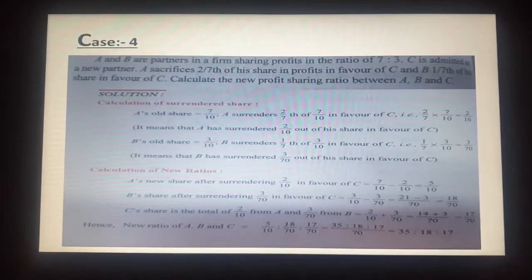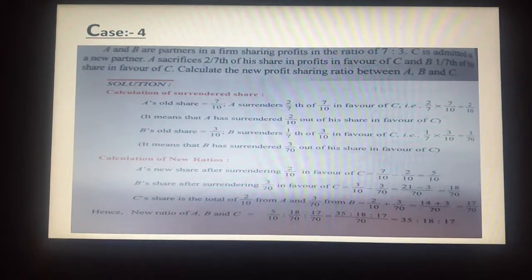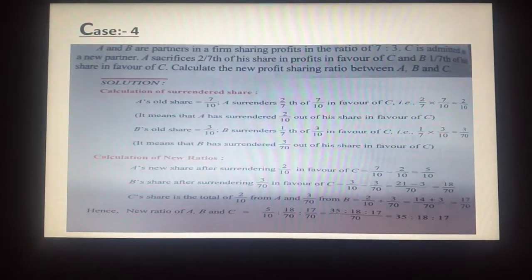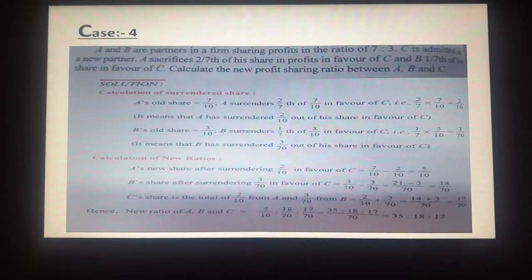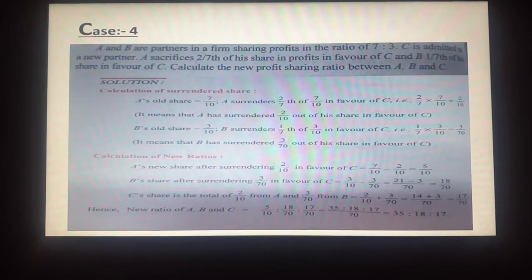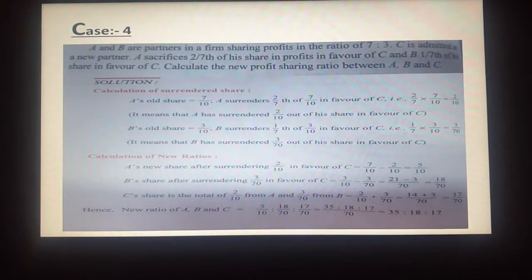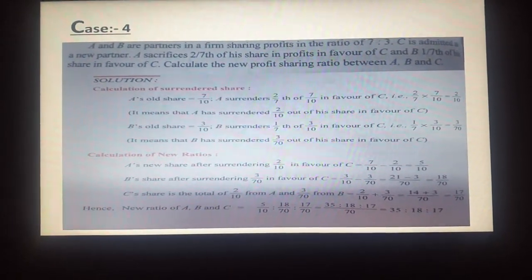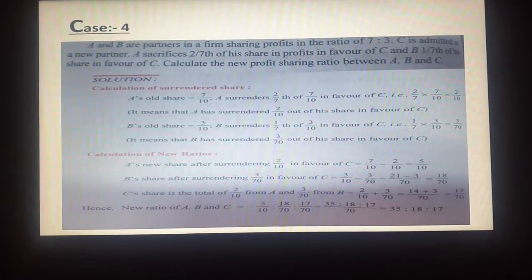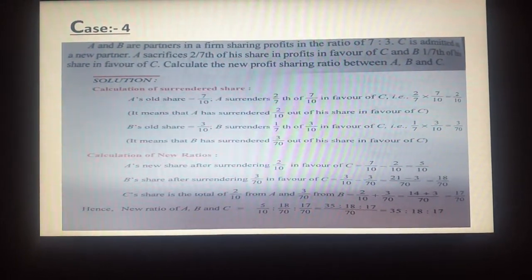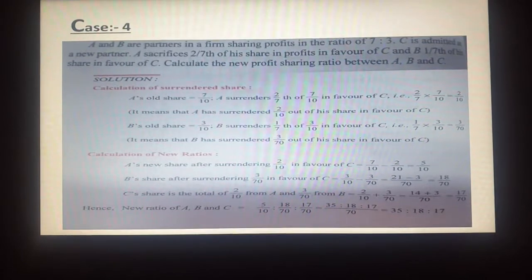It is clearly visible in this case that the new partner's share is not given. So first you calculate the sacrifice of A and B, and by adding them you get the share of C. After that you calculate the new ratio of all three partners.